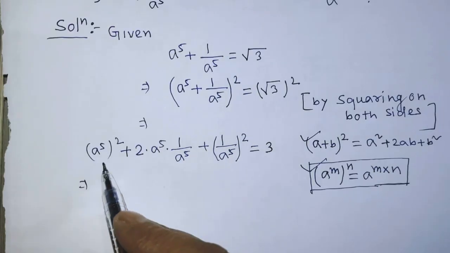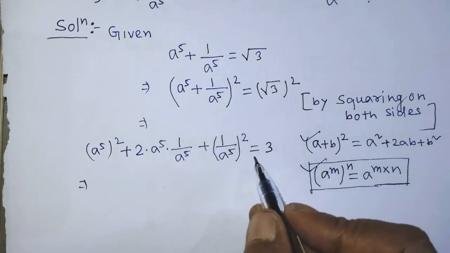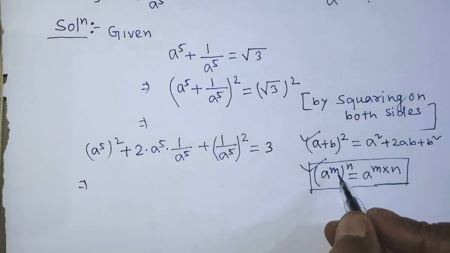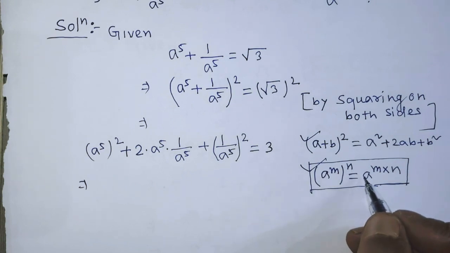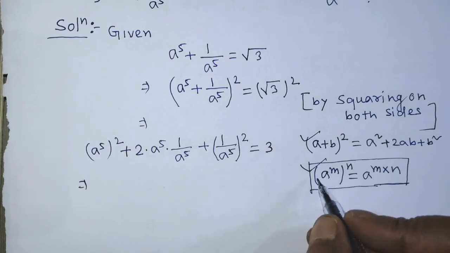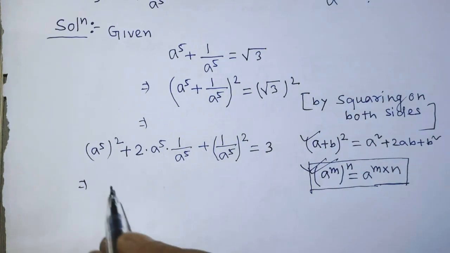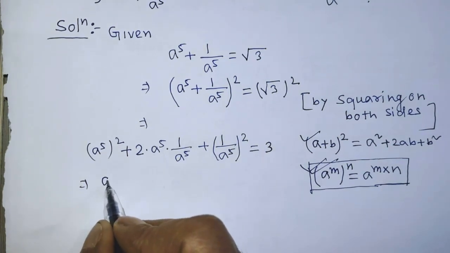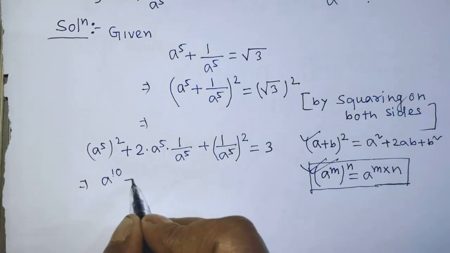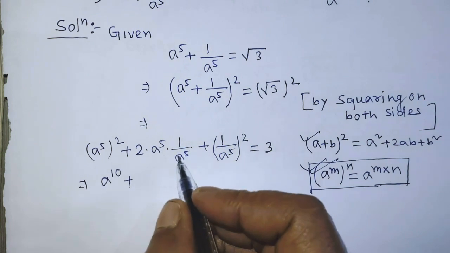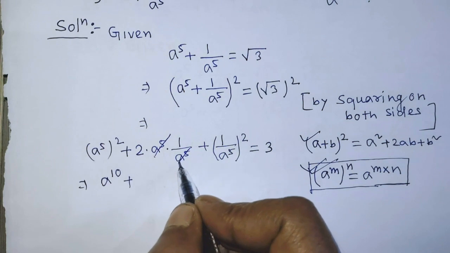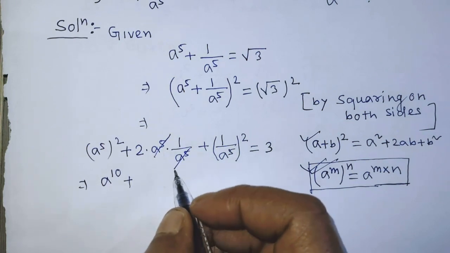So student, to simplify the first term on the left hand side of this equation, we have to apply the formula (a to the power m) whole to the power n is equal to a to the power m times n. So according to this formula, we can write from the first term a to the power 5 times 2, that is 10, plus in the place of the second term we can cancel a to the power 5 from numerator and denominator.